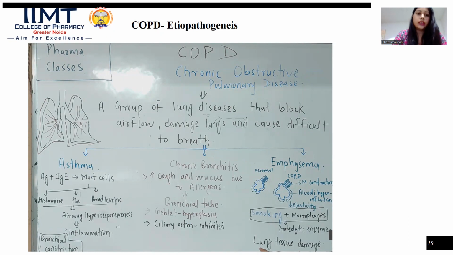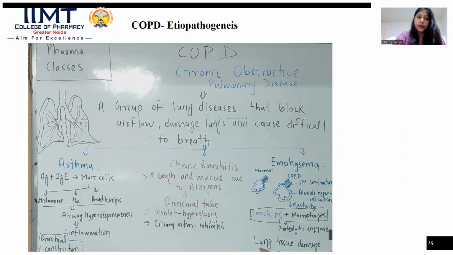In the lungs, you can see the structure of the lung, and at the end there are small globules, right? They are called alveoli, in which carbon dioxide and oxygen gas get exchanged.